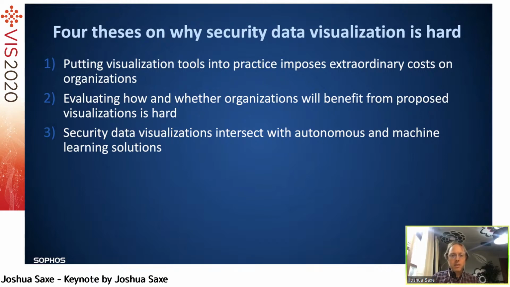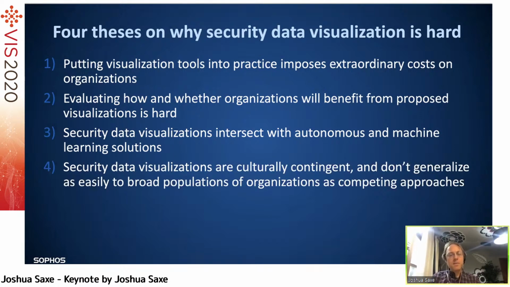The human visual system is very good at spotting patterns, outliers, and trends in data, but increasingly so are machine learning algorithms. Machine learning algorithms are a moving target, and it's hard to discern when an autonomous approach that doesn't involve visualization is the right tool for the job in solving a security problem, when we need a hybrid approach between AI and visualization, and when we need a purely visualization-based approach.